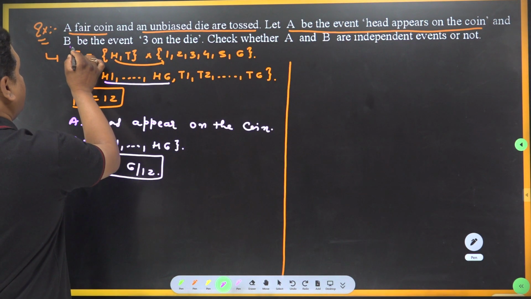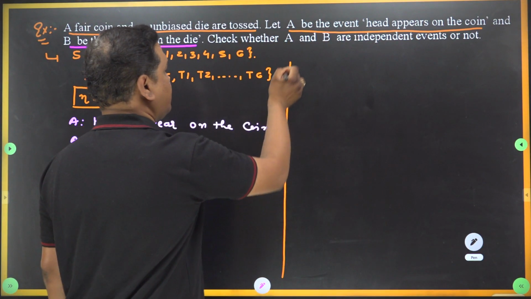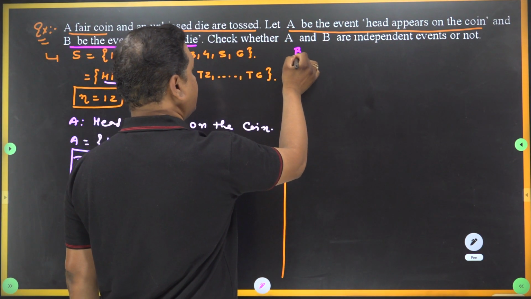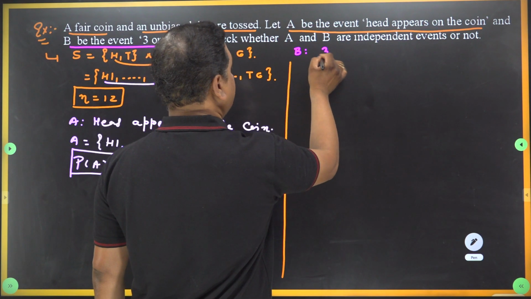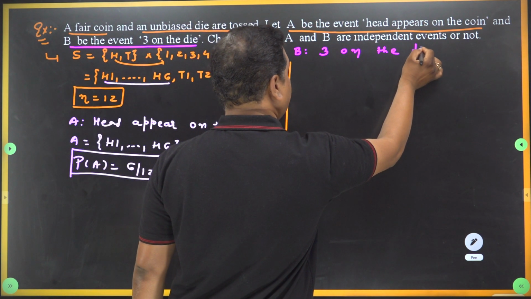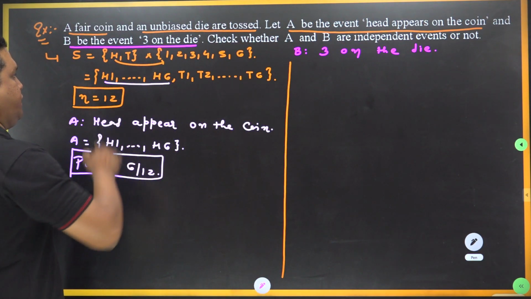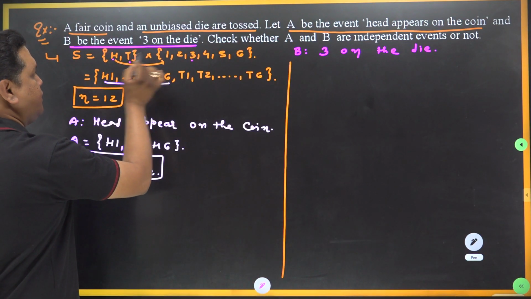Second, B be the event 3 on die. Three on the die. चलिए 3 कहाँ पे है? तो that is H3 T3.